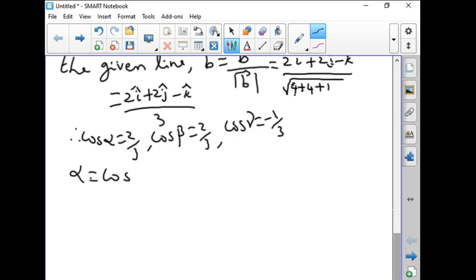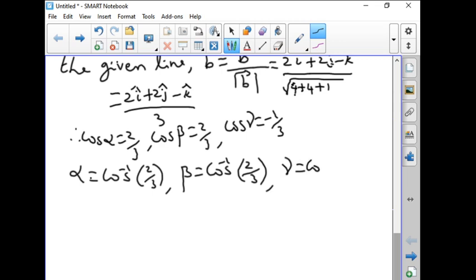Alpha is equal to cos inverse of 2 by 3. Beta is equal to cos inverse of 2 by 3. And gamma is equal to cos inverse of minus 1 by 3. So, this gives us the angle between the straight line and the coordinate axes.